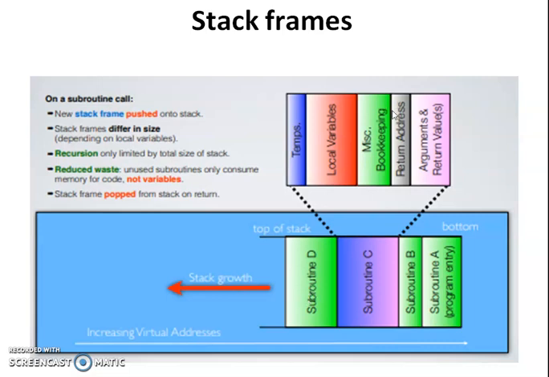Once it is called, then only these extra variables or the local variables given inside the subroutine will be loaded to the memory. So once it finishes its execution, all those variables will be popped from the stack. Hence, it utilizes the memory space efficiently.